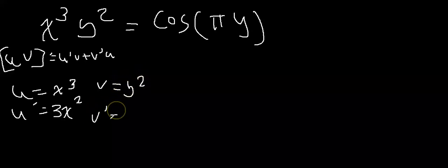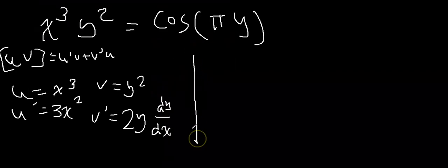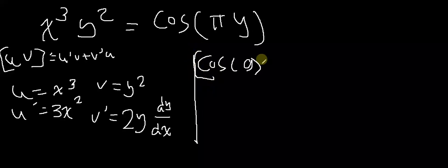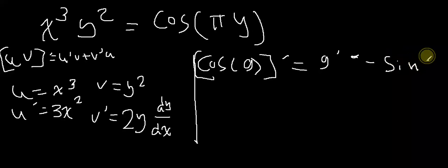And v prime, because we're using the chain rule and we're differentiating with respect to x, would be 2y dy/dx. And on the right side, you know that the derivative of cosine of g is g prime times minus sine g.